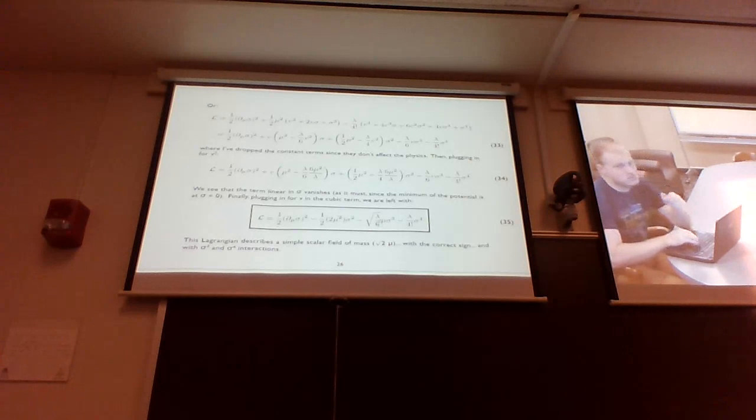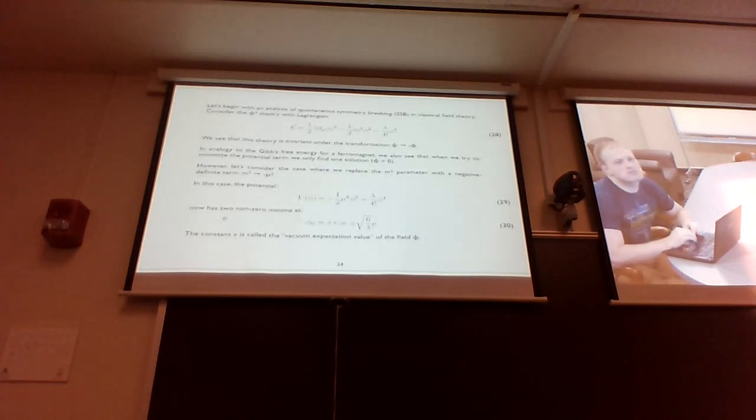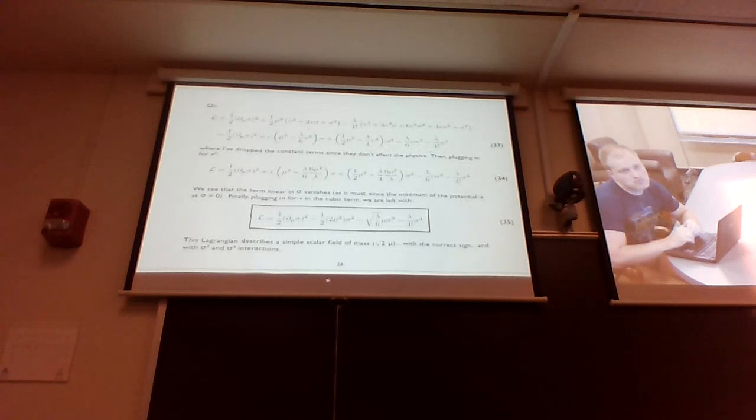Okay? So now, even though we started out with this symmetry, where if I take phi to minus phi I have the same thing, that doesn't necessarily look like what we have here, right? If I take sigma to minus sigma, this guy's going to change sign. So it looks like we don't have that symmetry. But actually the symmetry is still there.